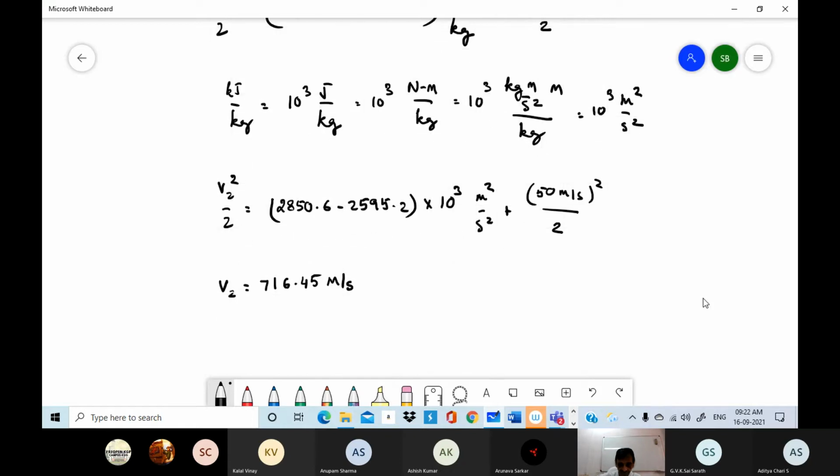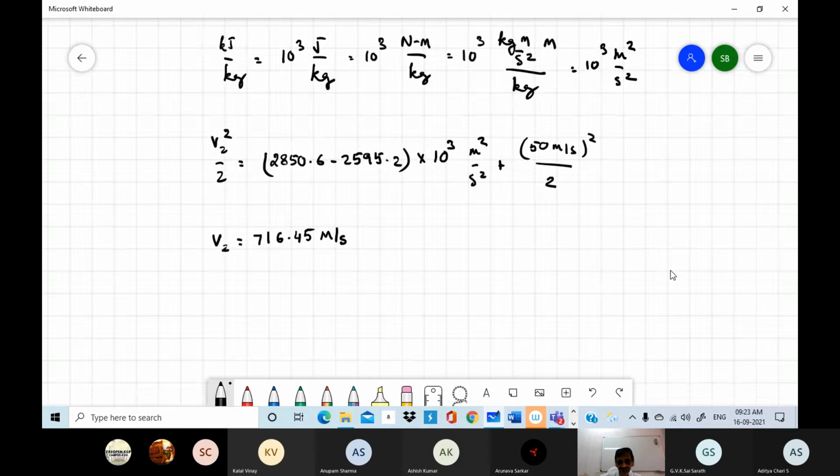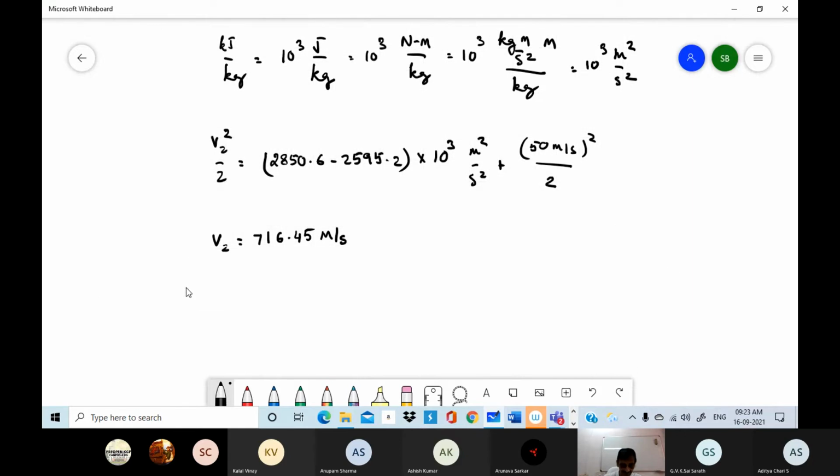Now, if you look back in your notes, you will find that it was not actually the temperature or the quality of steam which was specified, it was the V2 which was specified.